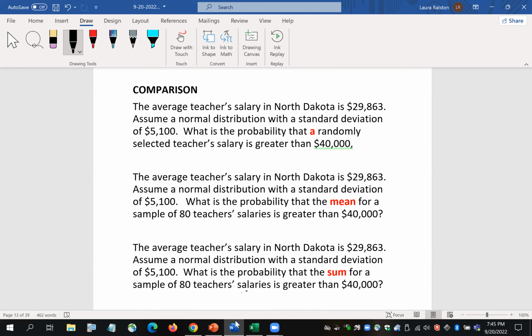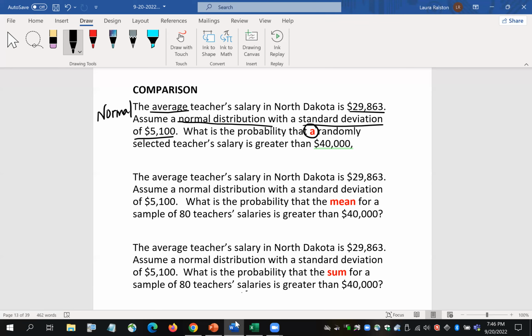Notice in this problem, they tell you that it's normal. They tell you the mean or the average. They tell you the standard deviation, and we're doing a, or 1 selected teacher. That is phrased in such a way that I'm just going to do a normal outright. I do not apply the central limit theorem because I've only selected 1.